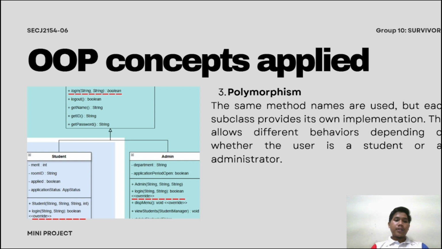Here, in our user class diagram, the red underline shows the same method in a different class. Student and admin use a login string, but each implements it differently.